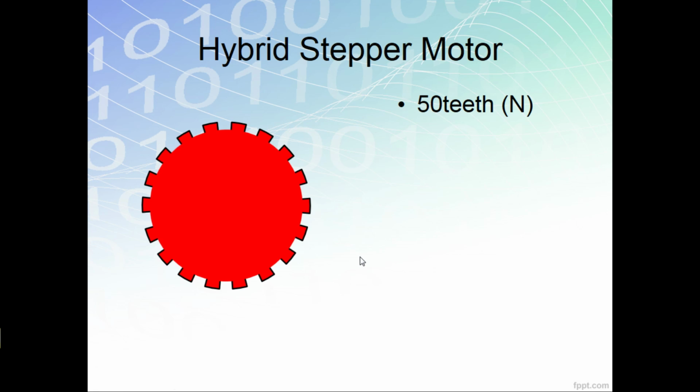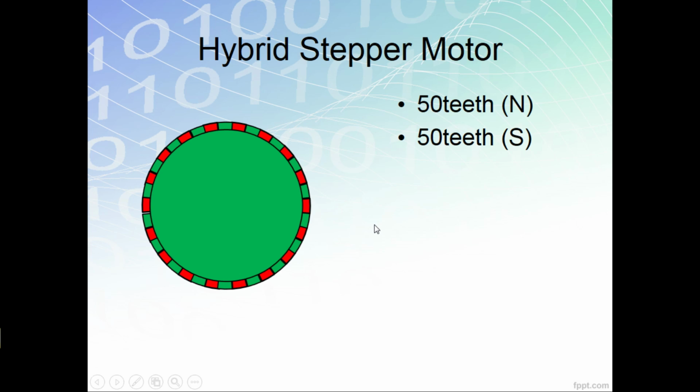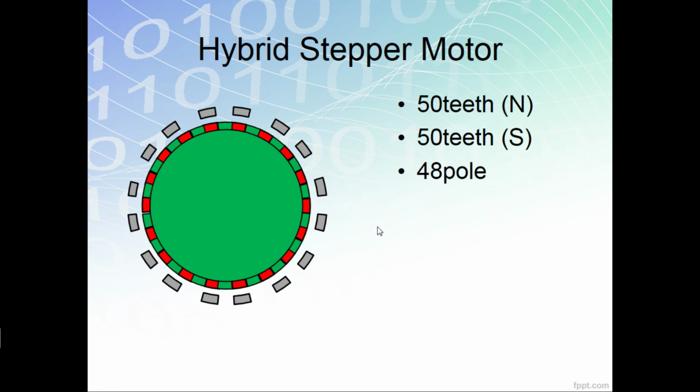First, we can see that it comprises 50 north teeth. It also has 50 south teeth, and the north and south are positioned alternately, similar to what's shown.